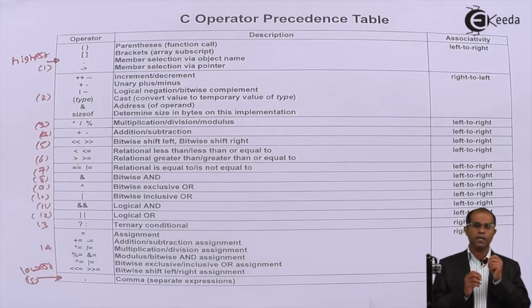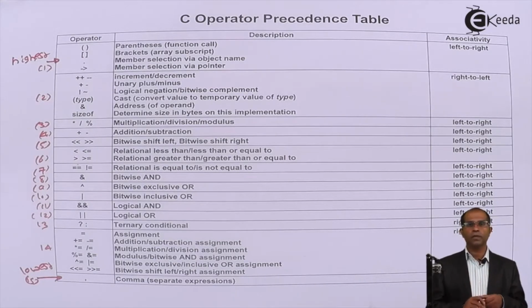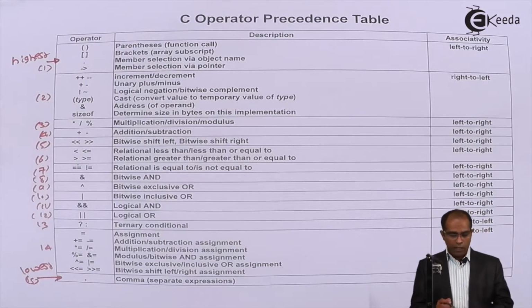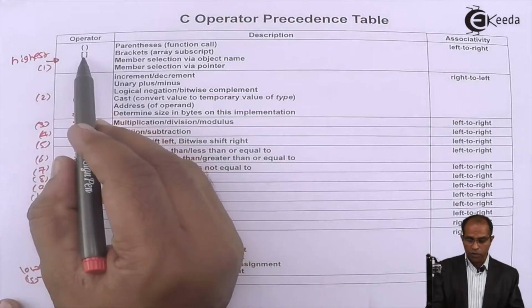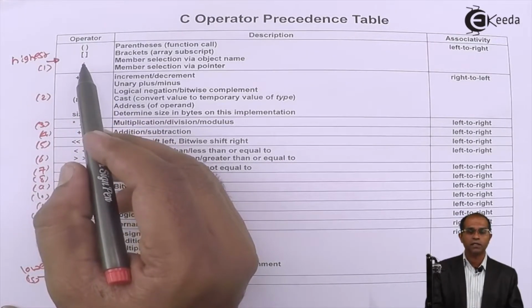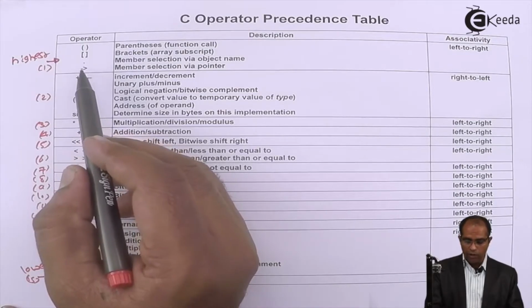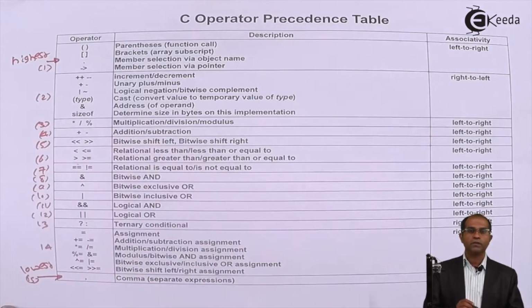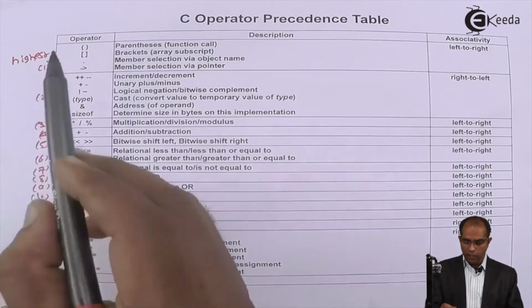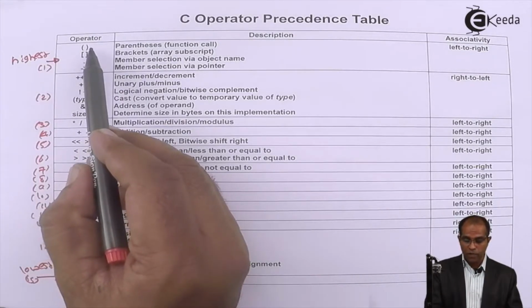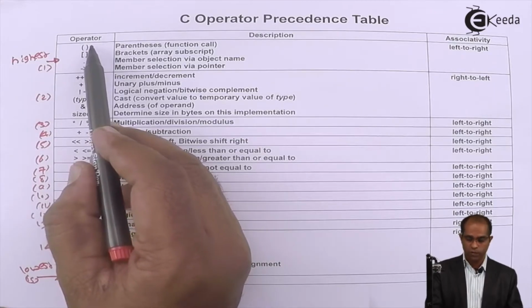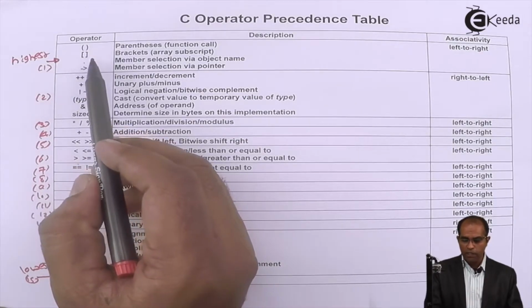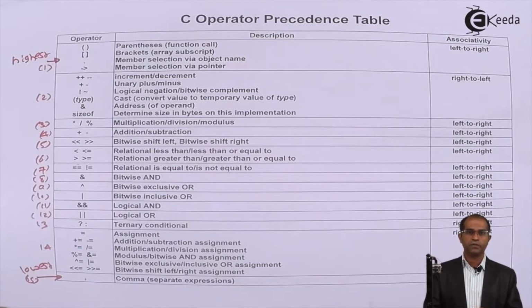But in this part, I'll just briefly describe these operators. There are different types of brackets used in our expressions: round brackets, square brackets, curly brackets, and then the dot and arrow operators. Generally, round brackets are used for function calls. They might even be used to change the precedence, which I'll explain as we proceed. Square brackets are used as array subscripts.